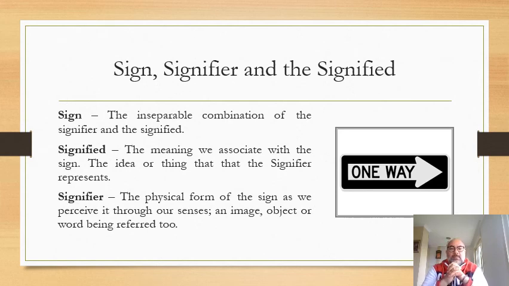Now, the signifier here in this example is the physical form. That is to say, an arrow, a thick one, a white one, and one way, the letters in English.